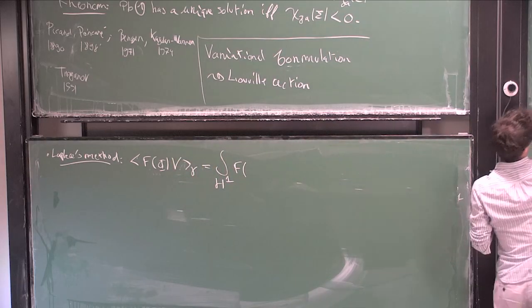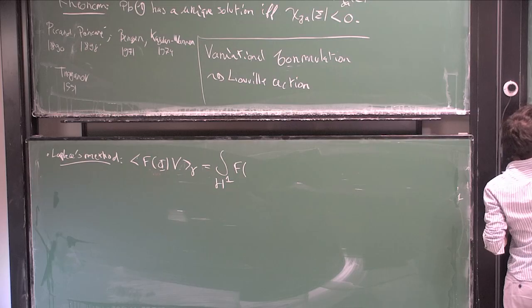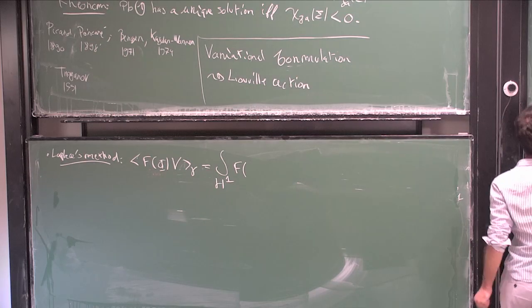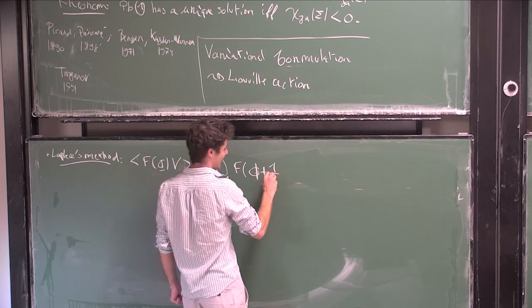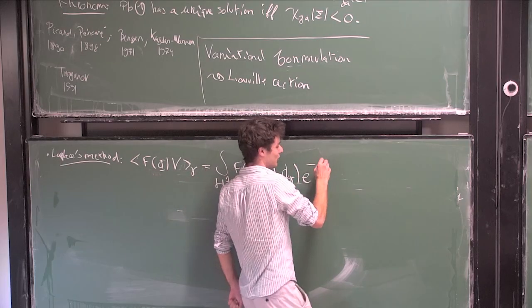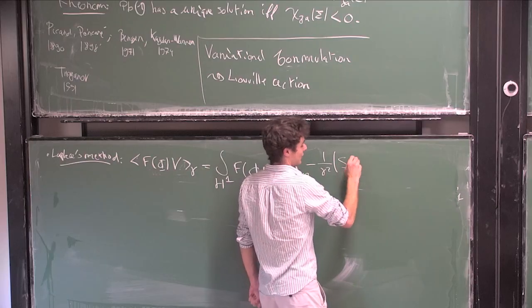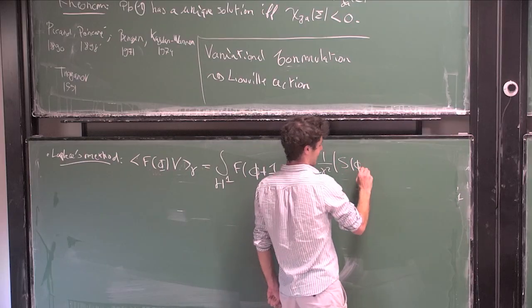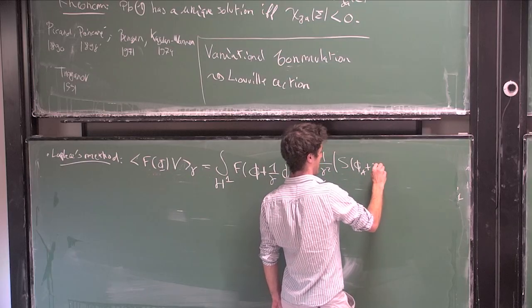So I call this minimum phi star, and you make a change of variable, phi plus 1 over gamma phi star. And here you have 1 over gamma squared S of phi star plus gamma phi.